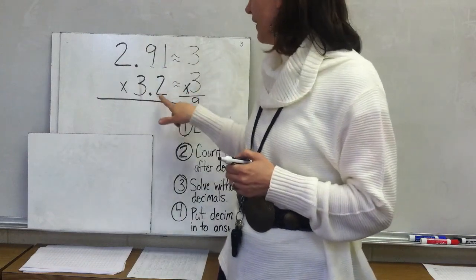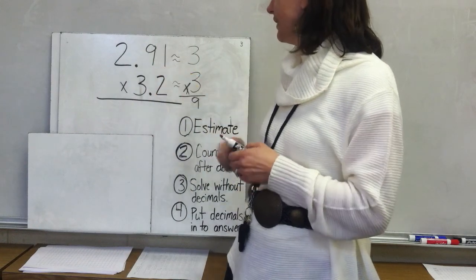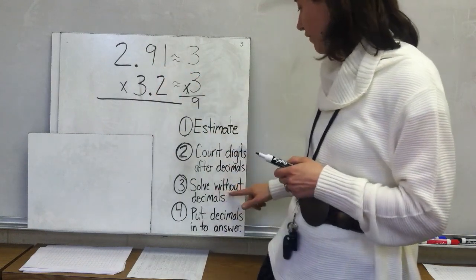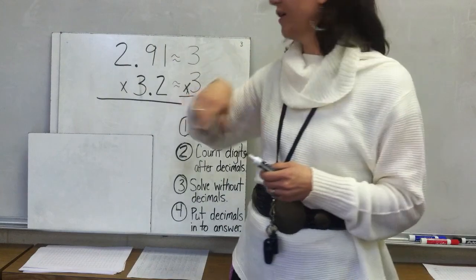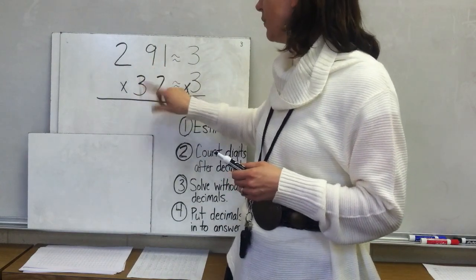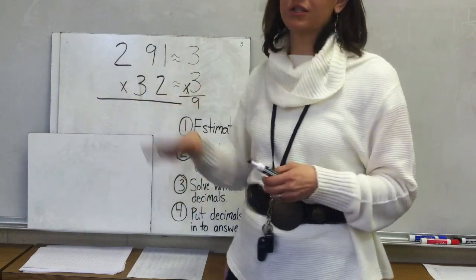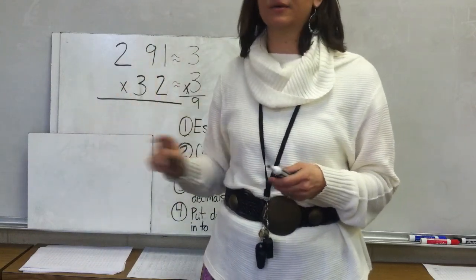Now come in later. And after you do that, you are simply going to solve it, pretending that the decimals are not there. So I'm going to erase them for a second, and we're just going to pretend that we are multiplying 291 times 32, which you already know how to do.